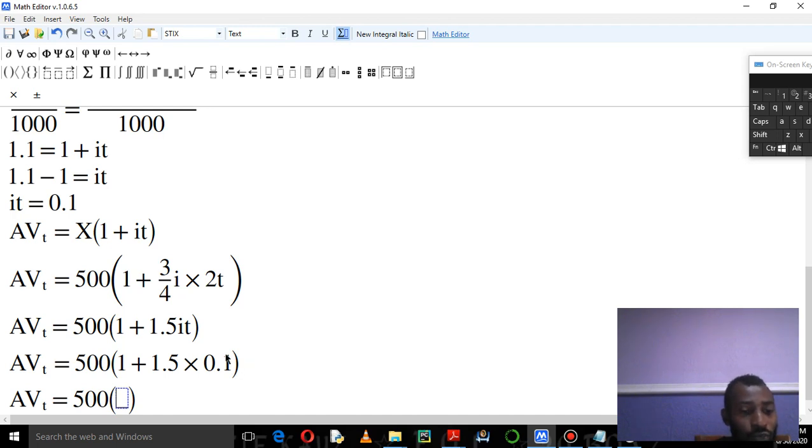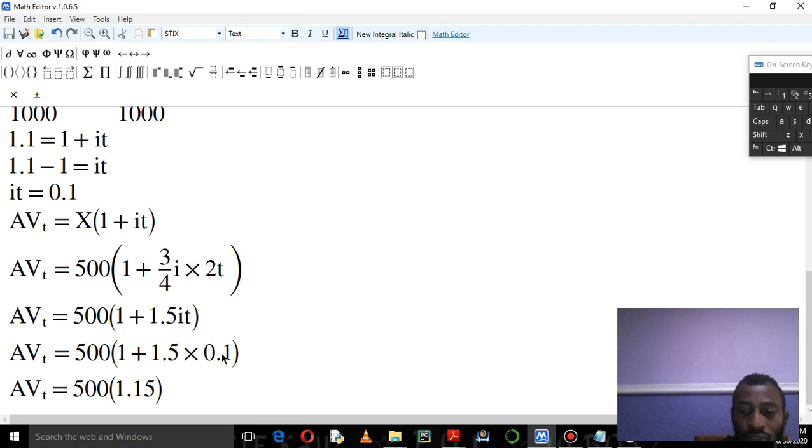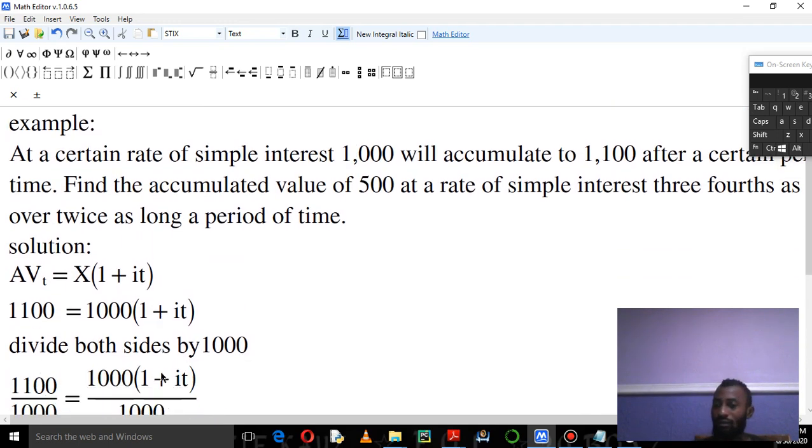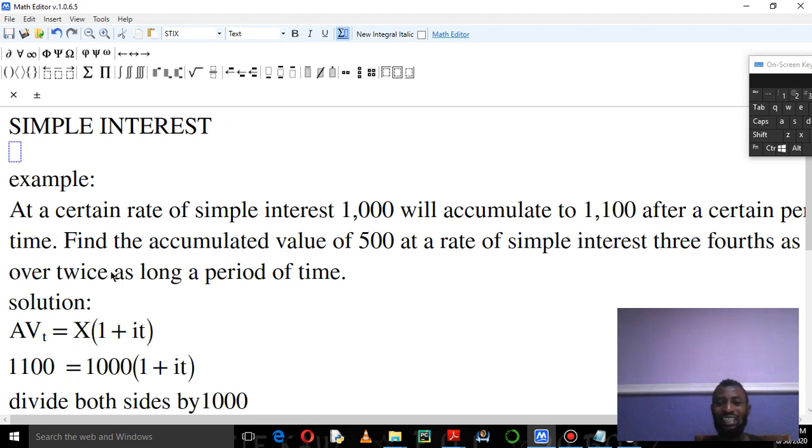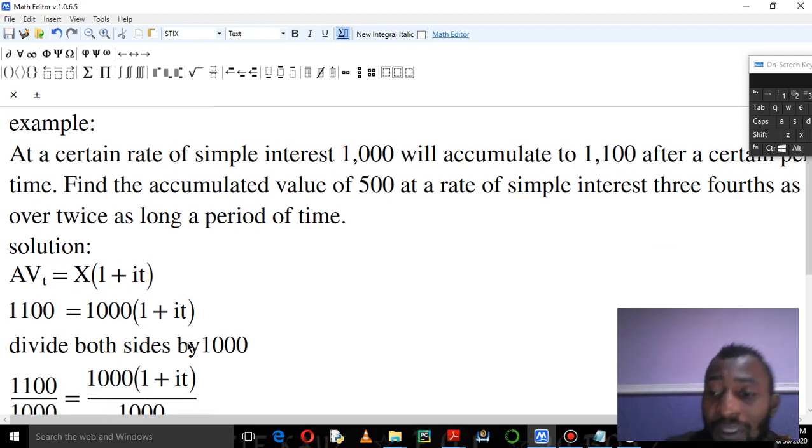So this one will give us 500 times 1.15, which is equals to 575. So our A_VT is 575. This is your answer. So you don't have to cram, you just have to understand the concept.